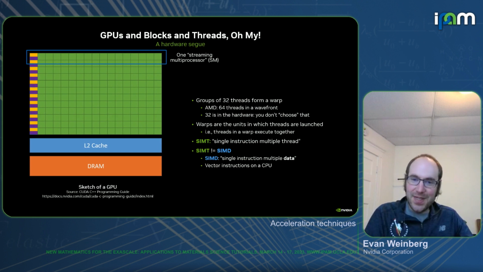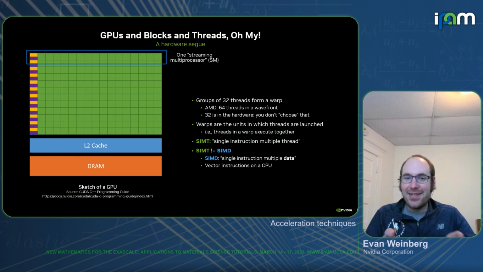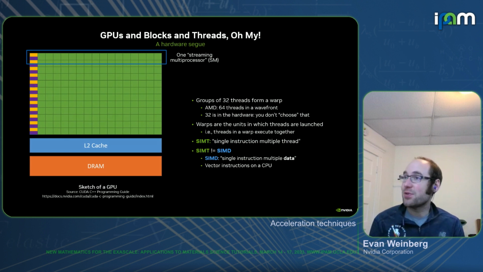On a GPU, it's not that one thread is processing multiple bits of data simultaneously. It's each thread in a warp launching the same exact instruction. And that's some of what gives a GPU a certain sense of efficiency. A CPU is doing all this control logic for each little chunk of data in a vector instruction.